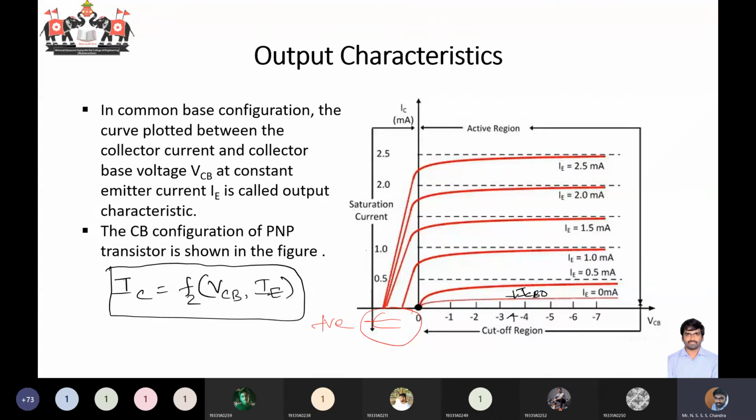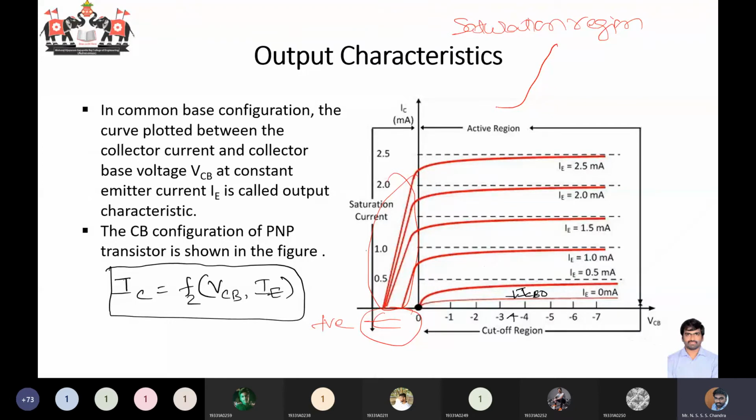Even for a small change in voltage, you will see a sudden rise in current. So this is almost like an exponential graph, a steep graph. This region is known as saturation region.